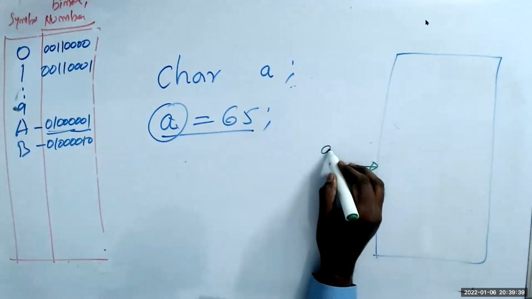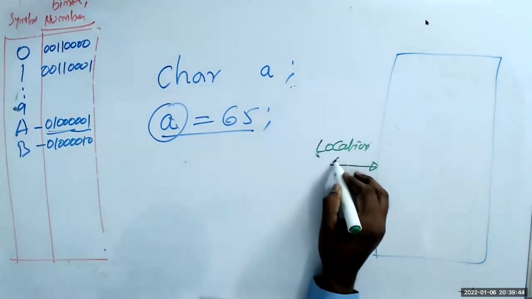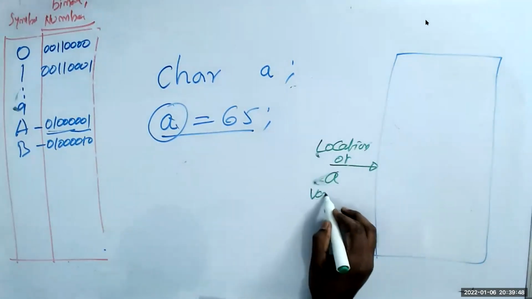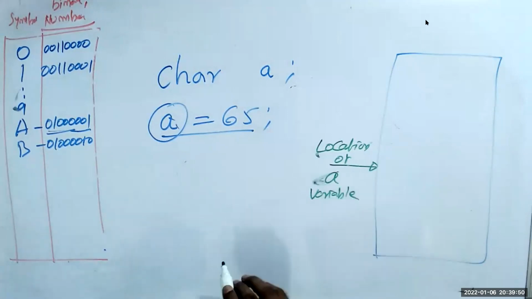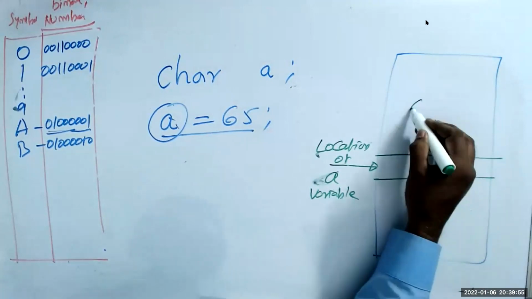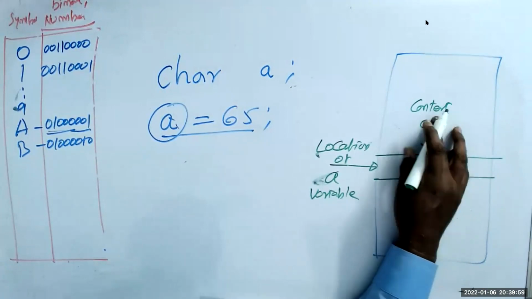This is called the location of the A variable, and this is the content of variable A.